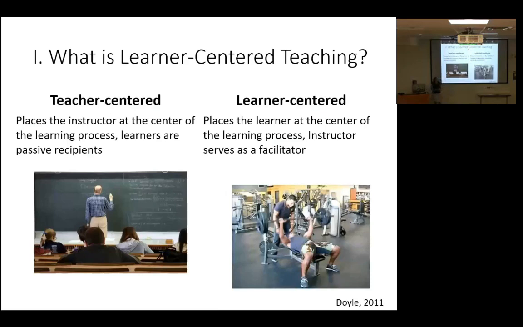And so in this, I like to explain it to my students using this analogy where the course is like a gym, where you have all the tools that you need in order to get fit. But just like if you go to the gym and you watch the personal trainer lifting all the weights, you're not going to get any fit, right? The only way to get fit is to lift the weights yourself. So you have to lift the weights.